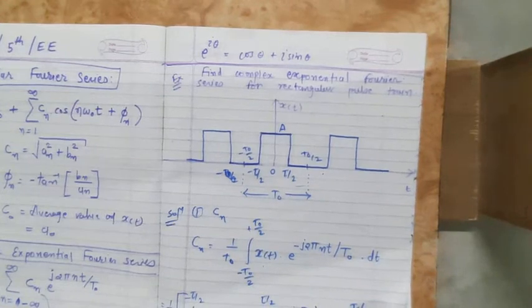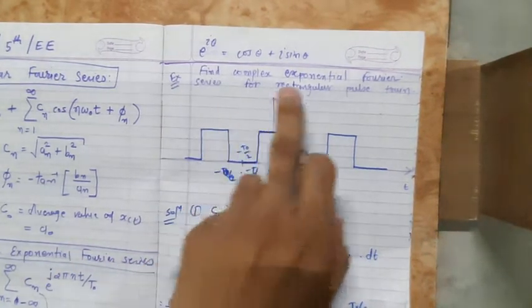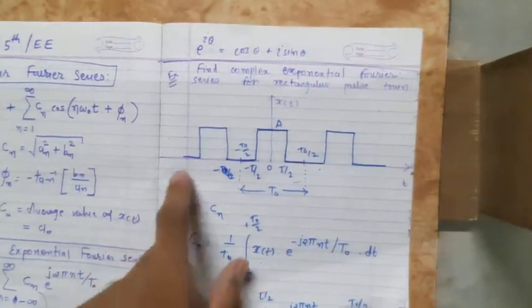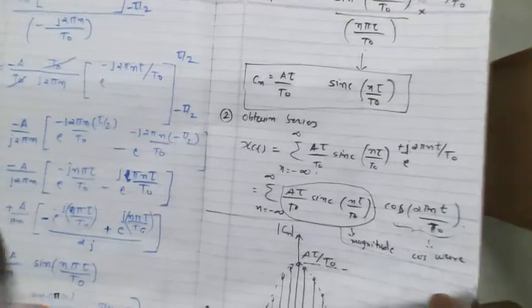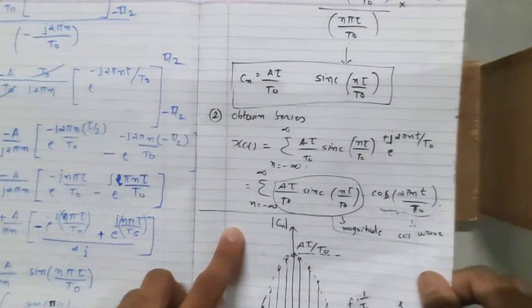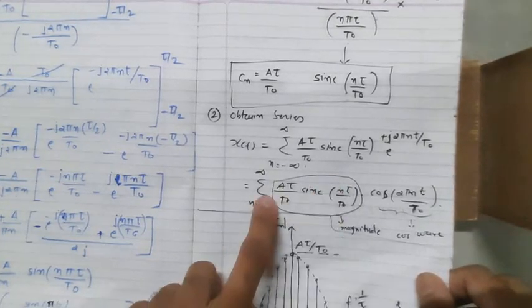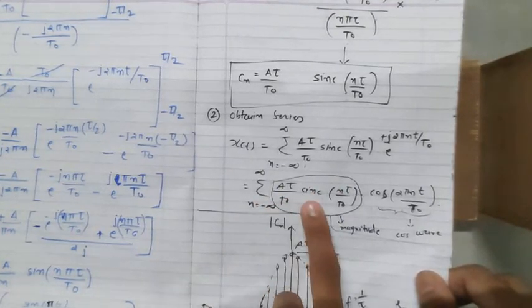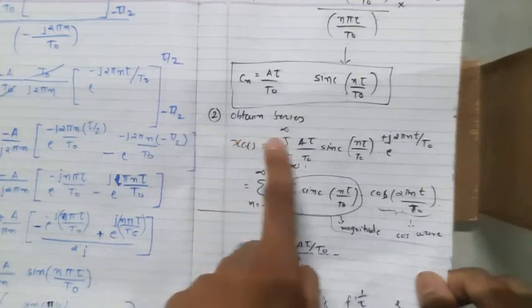This was the example for finding the complex exponential Fourier series for the pulse train. For the pulse train we obtained the complex exponential coefficient c of n, which is A tau by capital T0 sinc of n tau by capital T0. That is the c of n, and this is the series.